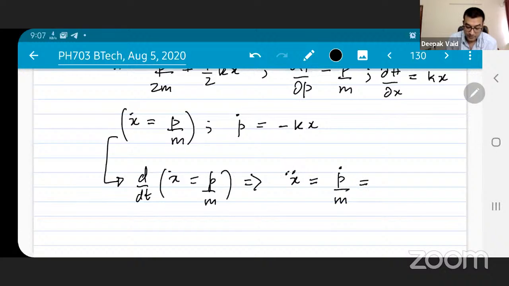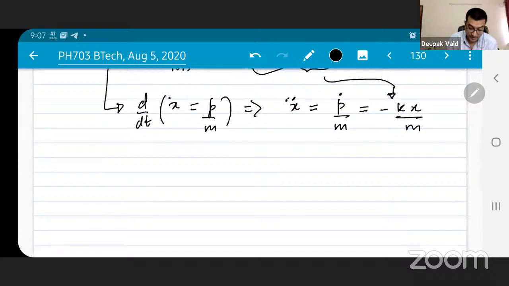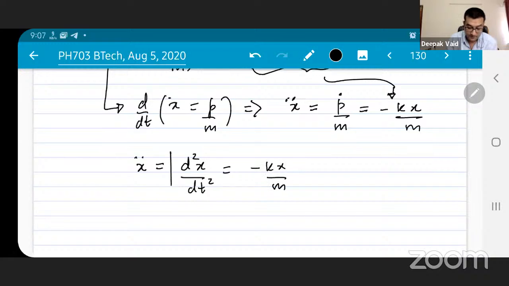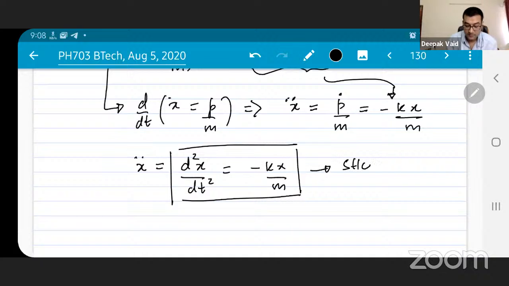Then I can substitute the expression for p dot over here, and that gives me minus kx by m. So finally, I'm left with one differential equation: x double dot, d squared x by dt squared, is equal to minus kx by m. What is this? This is just the equation for the simple harmonic oscillator, right?